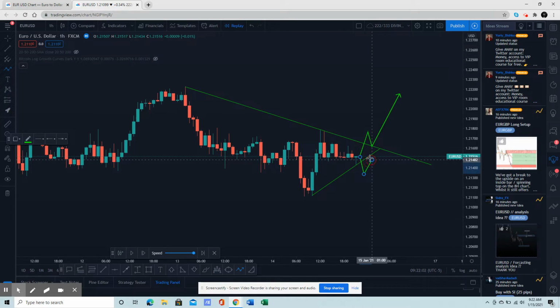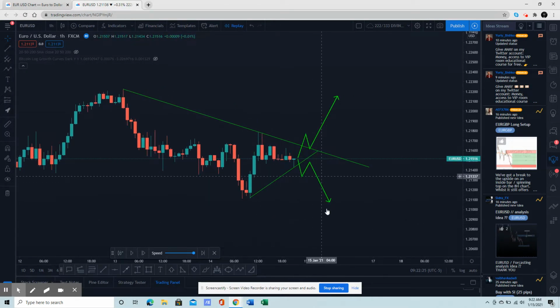If it comes back, you add, or you can wait if you are a conservative type trader. The first breakout is for aggressive traders. This is for people who want a little bit more confirmation on a retest, and we take it down.